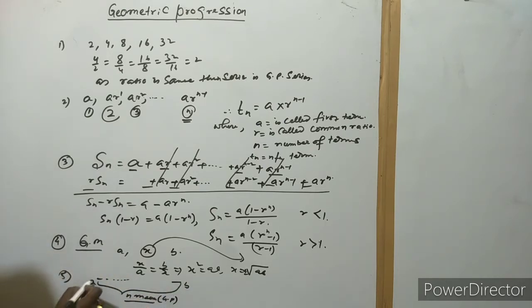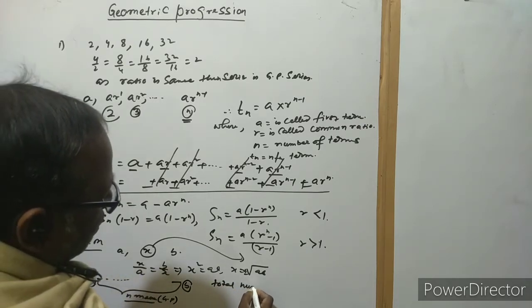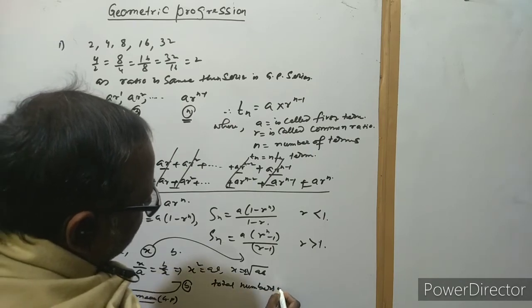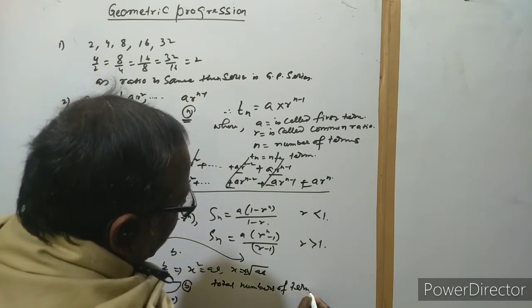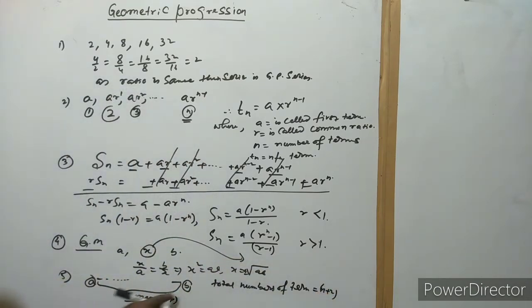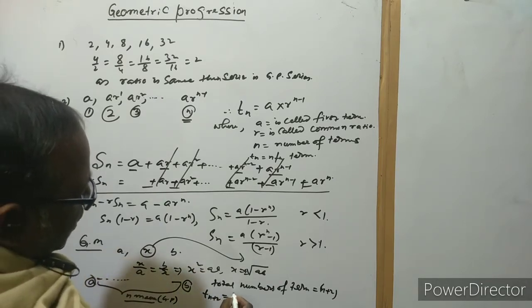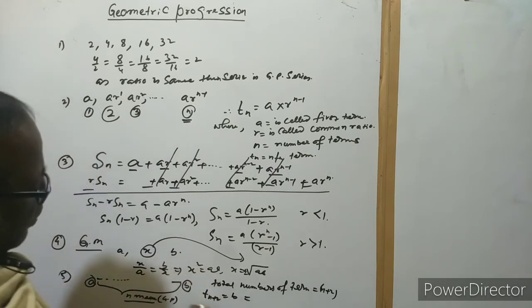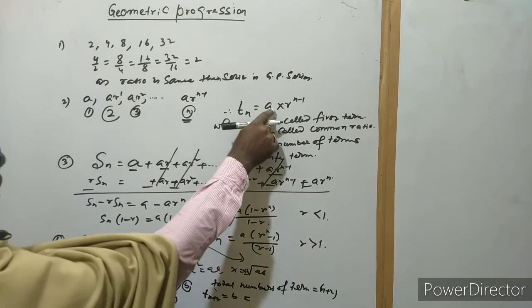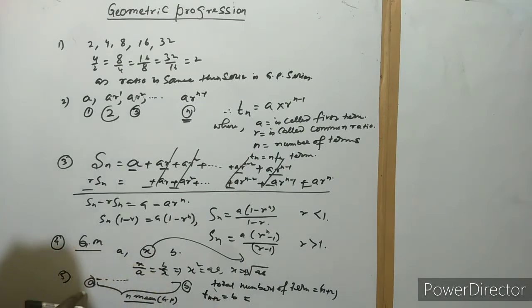Including a and b, if we include the n means with a and b, the total number of terms will be n plus 2. So this is the first term and this is the last term. So we can write T of n plus 2, which is given here as b. And now for the formula for finding the term, the number of terms we have is n plus 2. So this is b, and this is your first term.